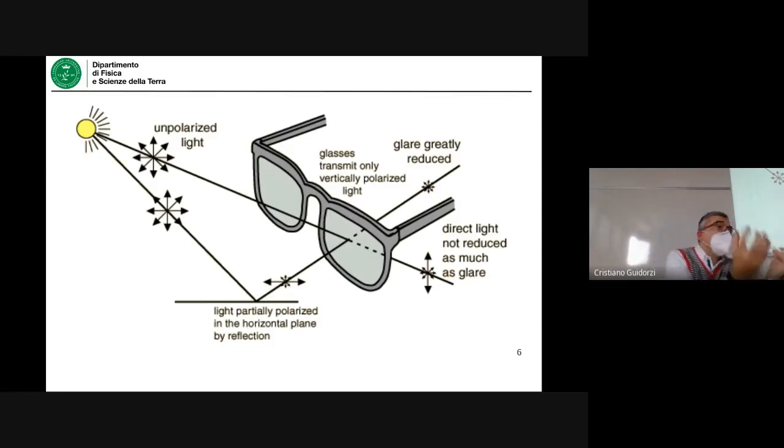So when you time average, the average is zero in terms of direction of polarization, not of the intensity, of course.